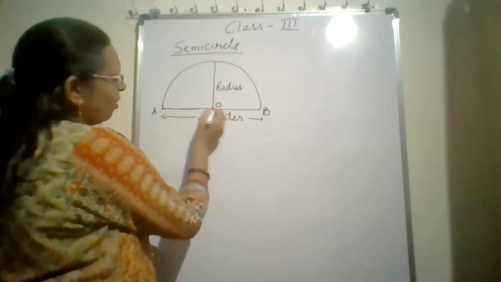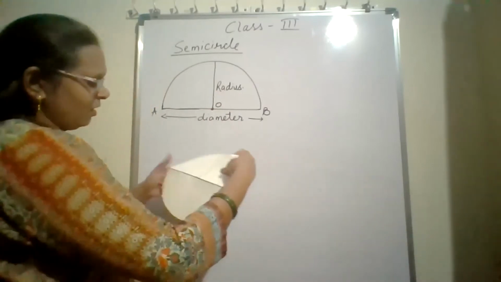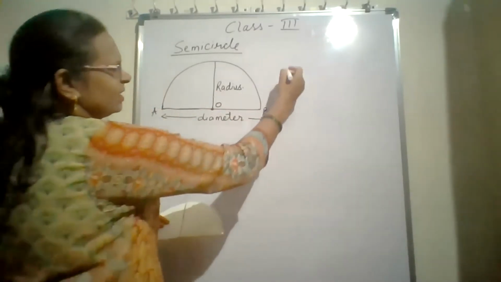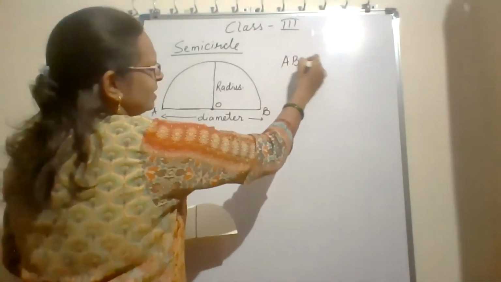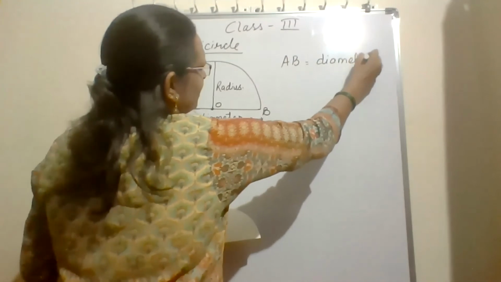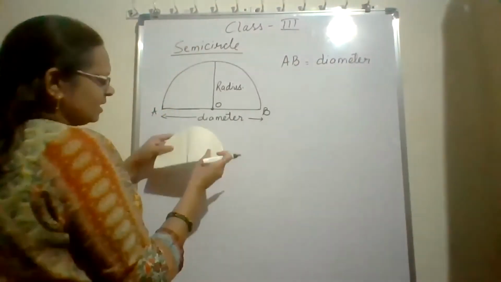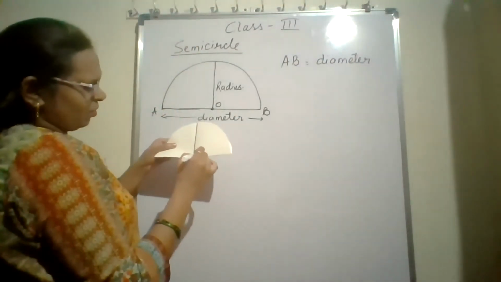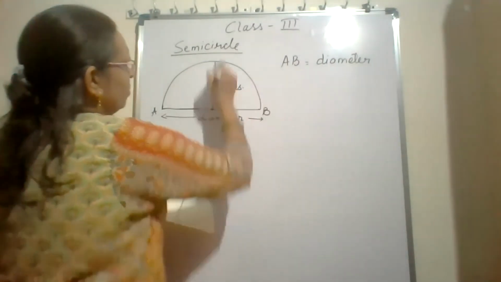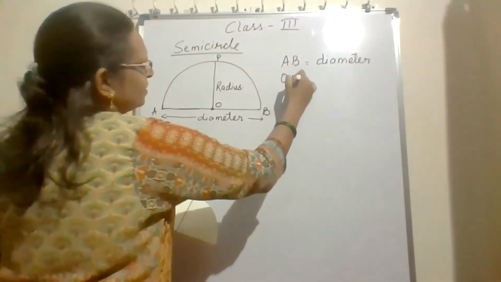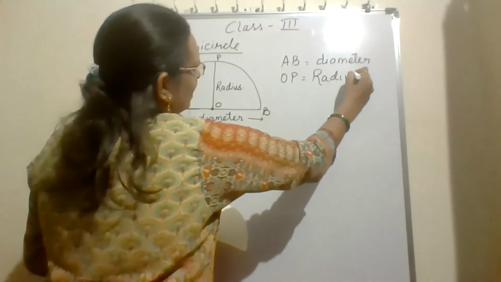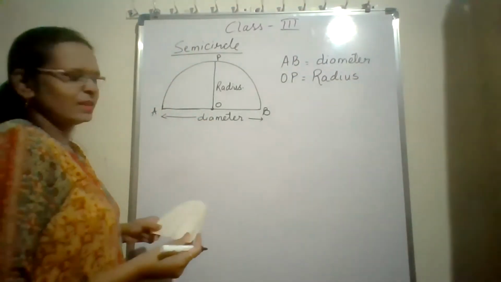See, the semicircle along with the diameter, I have folded along the diameter. So AB is the diameter of the semicircle. See, this is the center O, and OP is the radius, right?